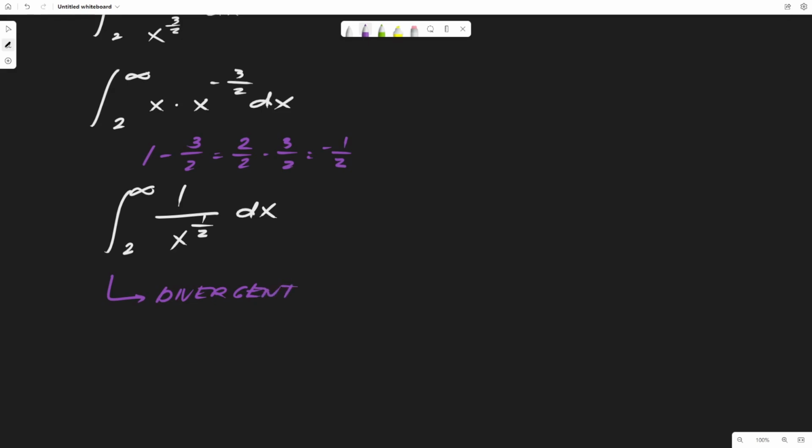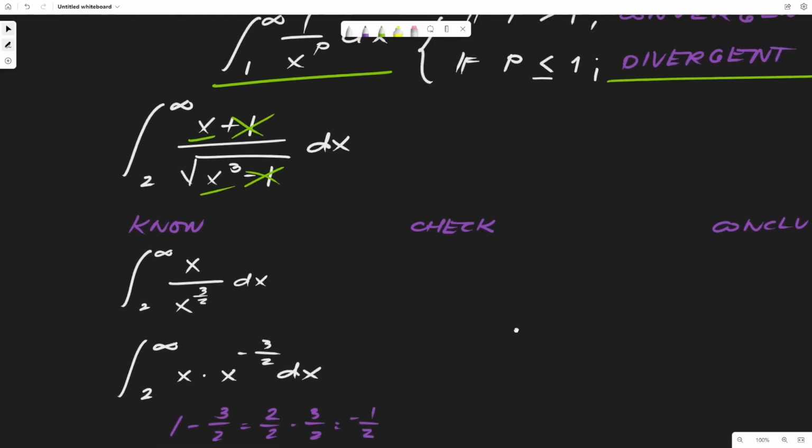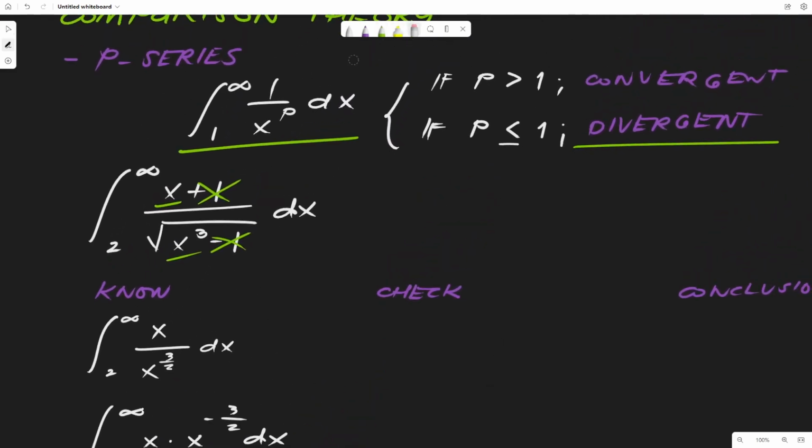Why? Let's say I have this function, our f of x in general. It says here that our g of x is divergent. Sorry, this is g of x, because this is not our original. Our f of x is this, the original.